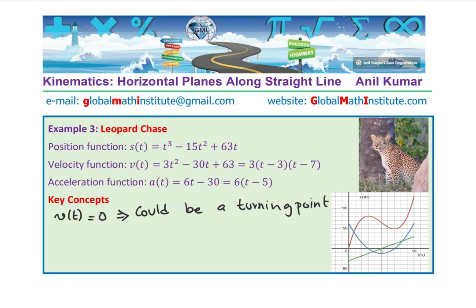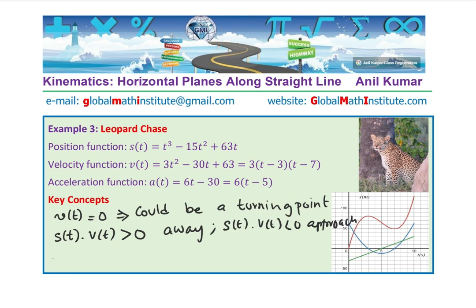But actually approaching and going away is found from the product of displacement and velocity. If this is greater than 0, that means it is going away. And if this product is less than 0, that means approaching. That means coming closer, right?